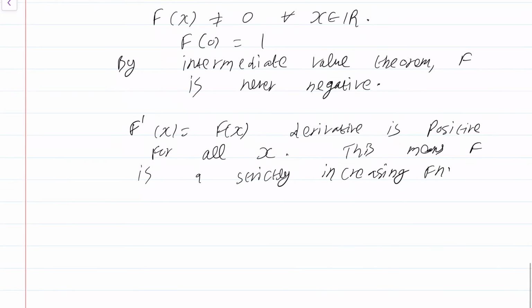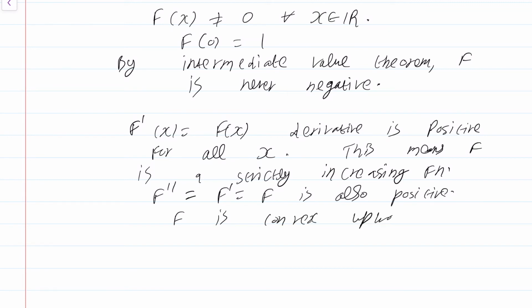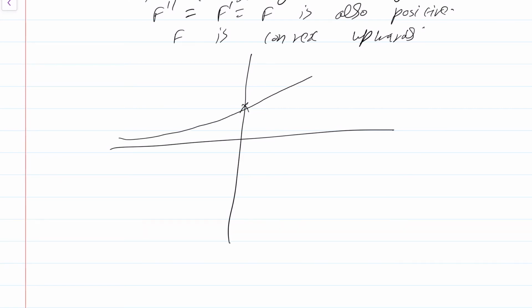Not only that, f double prime is equal to f prime, which is equal to f, is also positive, which just goes to show that f is convex upwards. Putting all of this together, we get the familiar graph of the exponential function. At 0 it is 1, and the function is sort of going to look like this.